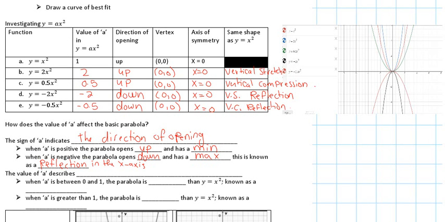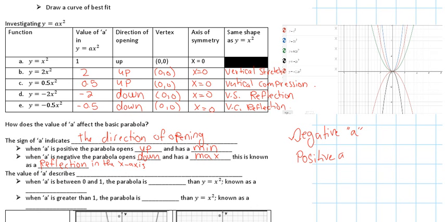Negative. Eyes on me. So negative A. Which way does the N open? Which way does the N open? Opens down. Right? So a negative A is going to cause the graph to open down, like the negative. And positive, you know, when you're positive, you're feeling happy, right?